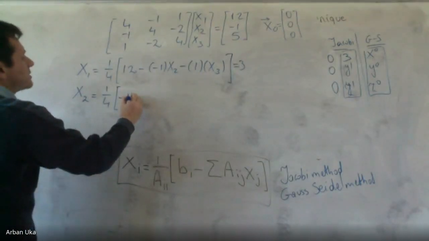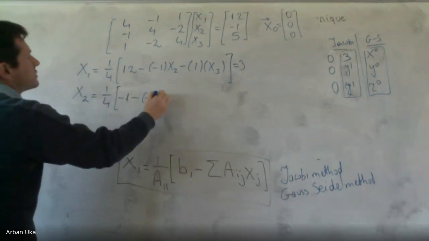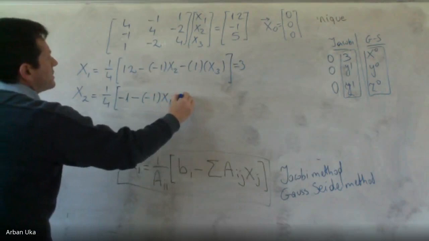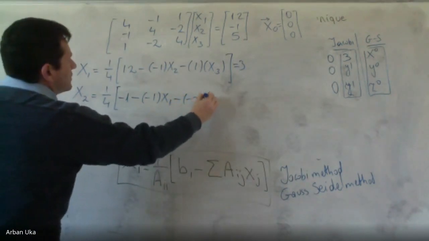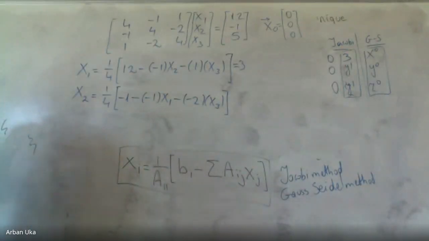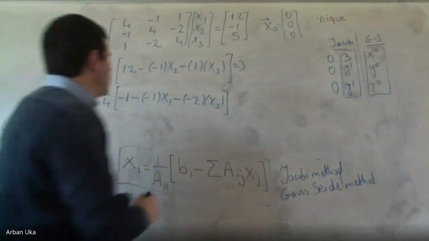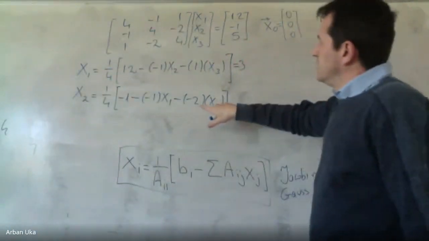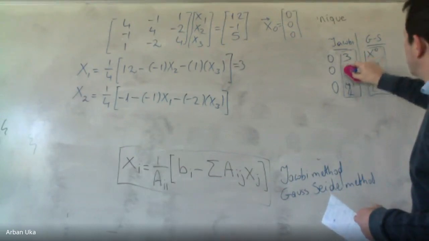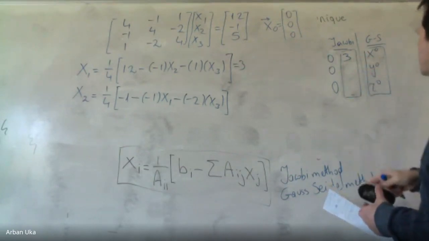Or let's do it like this: minus 1 times x1 minus 2 times x3. So this would be the expression. Sorry, I wrote this as x, y, z, but let this be x1, x2, x3.